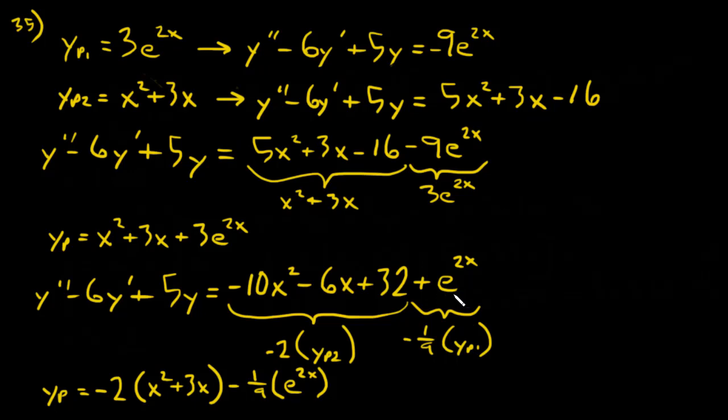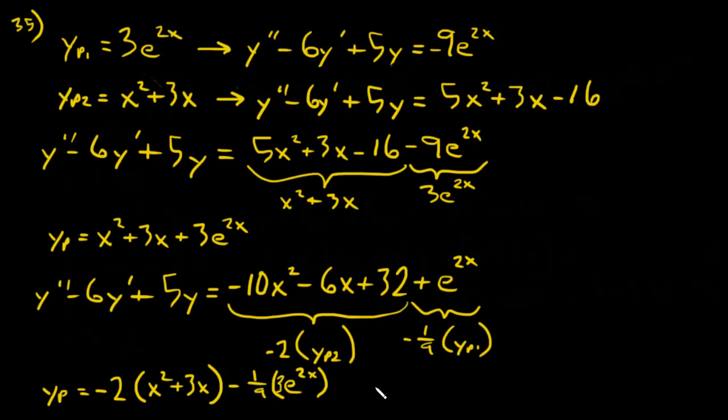This piece right here is the same as negative 1/9 times this piece. The particular solution for that was 3e to the 2x. Oh, did I forget my 3? Let me fit that in. There we go. So this is just going to be negative 1/9 times that.